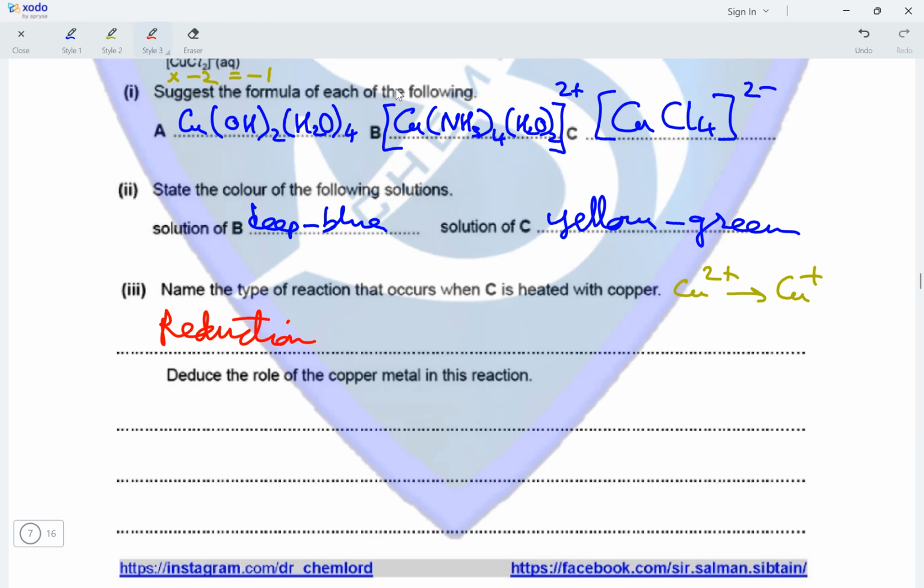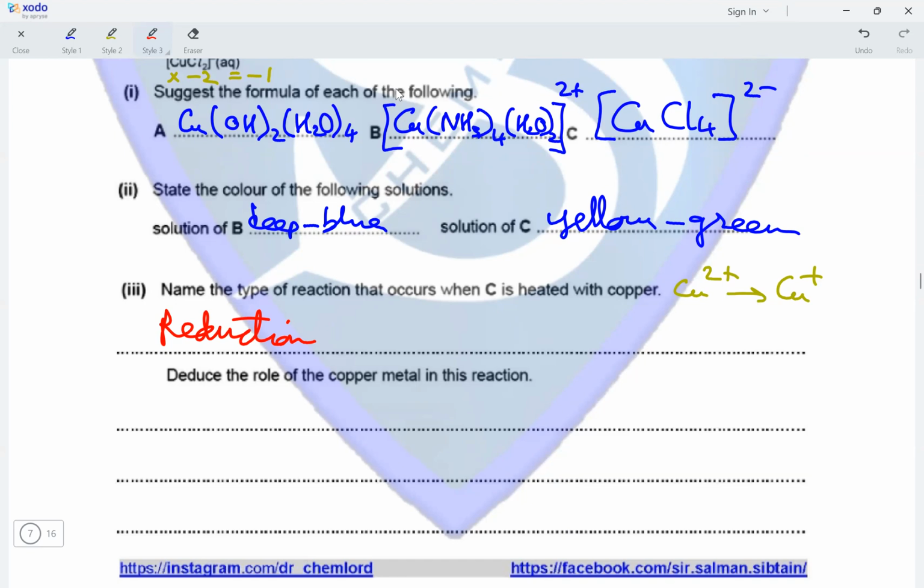Next, describe the role of copper metal in this reaction. Copper metal is converting copper 2 plus to copper plus, so it is reducing copper.